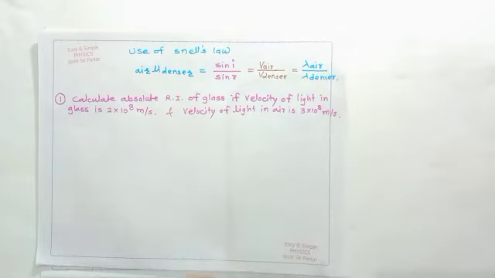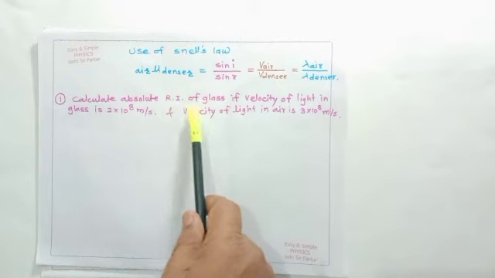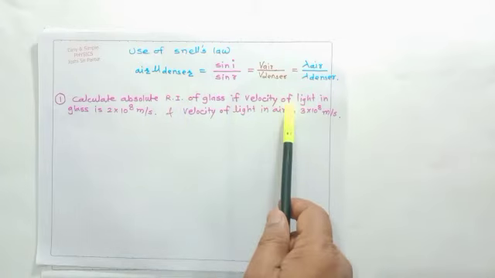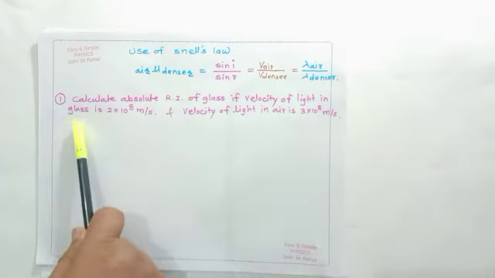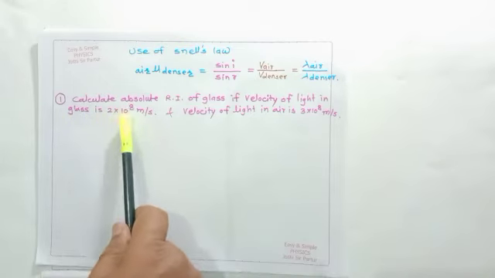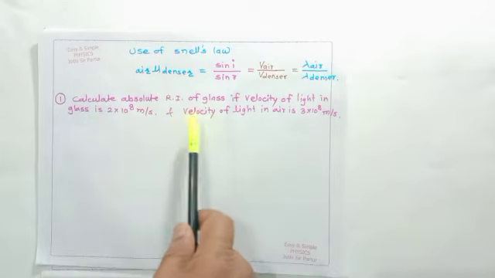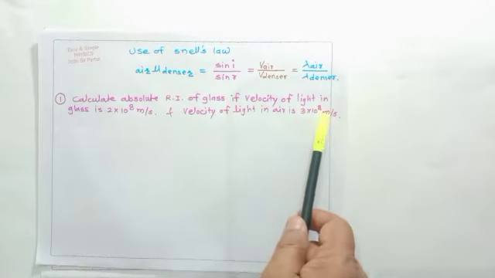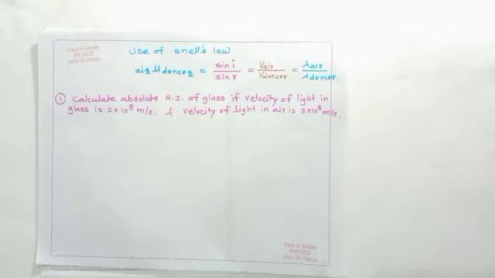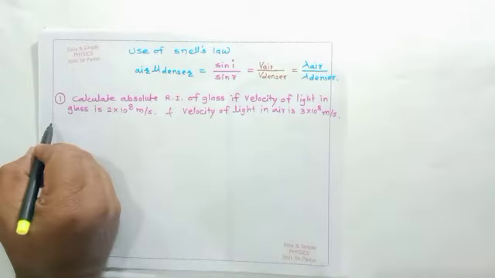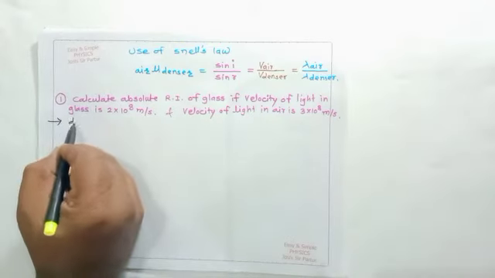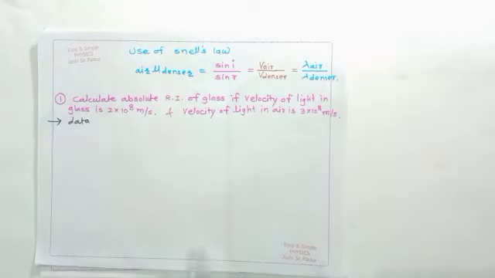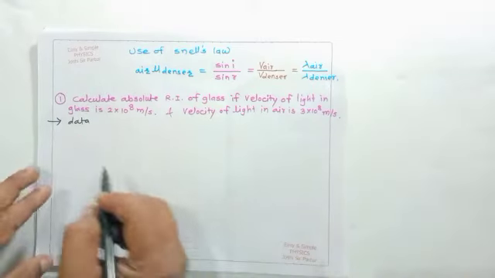So first example can be seen, that is, calculate absolute refractive index of glass if velocity of light in glass is 2 into 10 raised to 8 meter per second and velocity of light in air is 3 into 10 raised to 8 meter per second. So first we have seen the given data. In this numerical we have seen the two velocities.